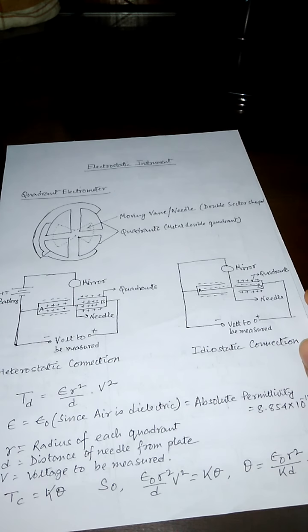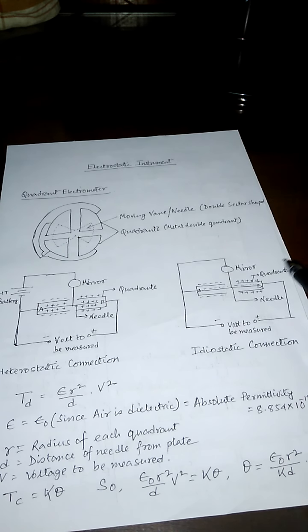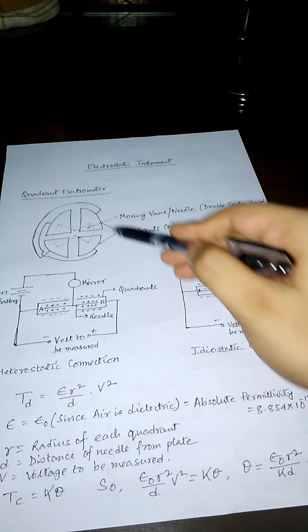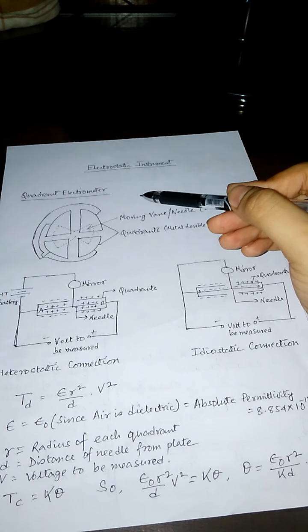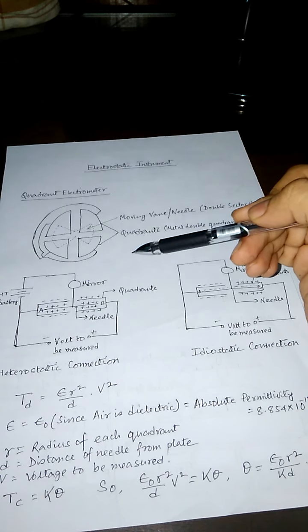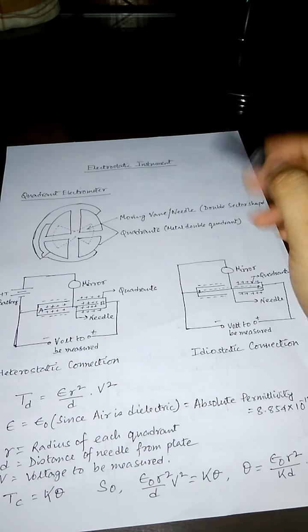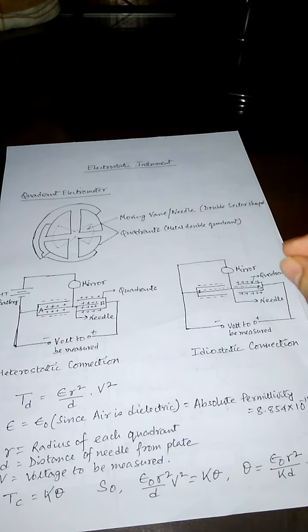So again, in the principle of operation, due to the accumulation of charge, the electrostatic force is set up, and for this reason the needle rotates between the fixed quadrants. For this rotation the suspension or control spring provides the controlling torque, and the needle takes up the position where the deflecting torque equals the controlling torque, the balance condition.